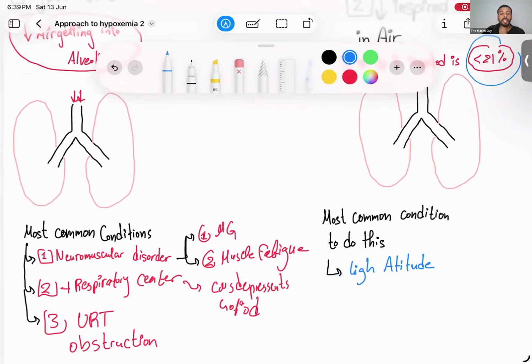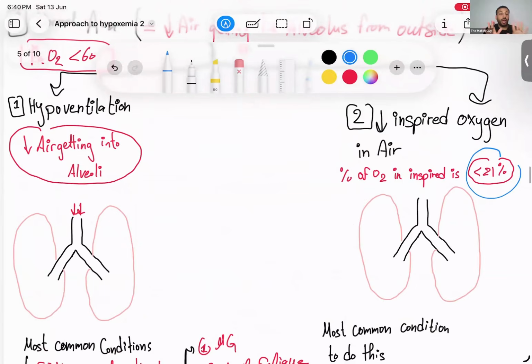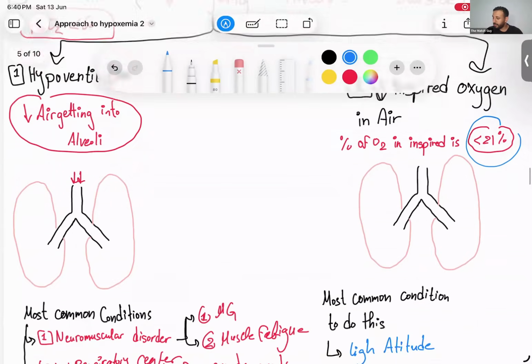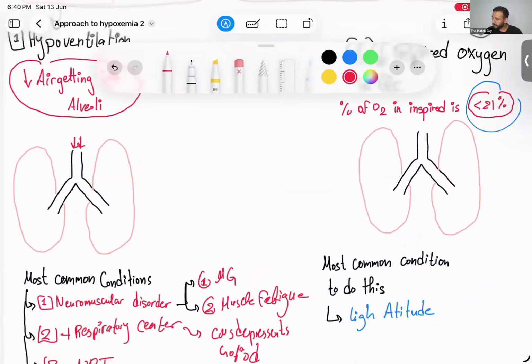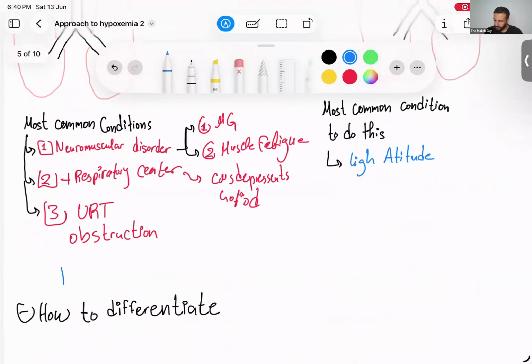Could you tell me, guys, what parameter I could use to differentiate between those who have decreased inspired oxygen and those who have hypoventilation? Yes, CO2. Do you know why? In those who have hypoventilation, they're not only not getting air in, they're also not getting air out.